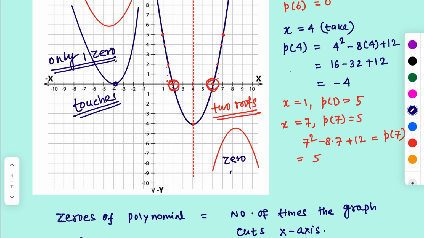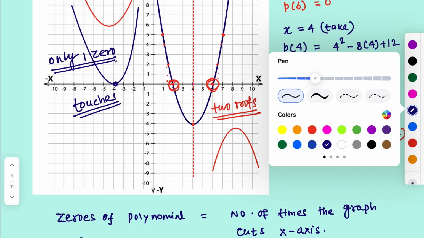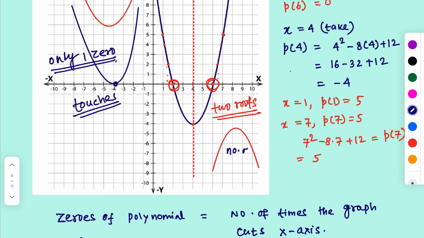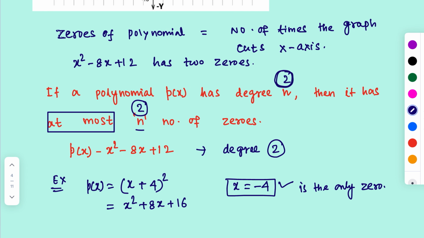It has 0 zeros, and not roots, since roots are used in case of the quadratic equation. In case of a quadratic polynomial, the number of zeros is equal to 0. And in case of this also, the number of zeros is equal to 0. Okay.